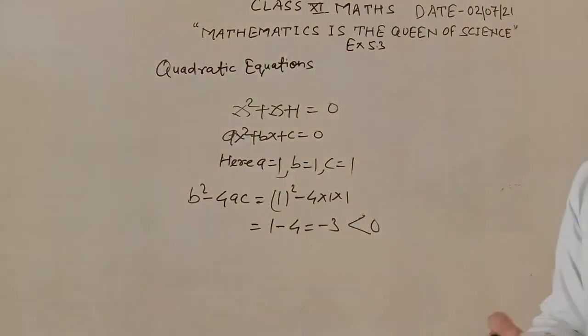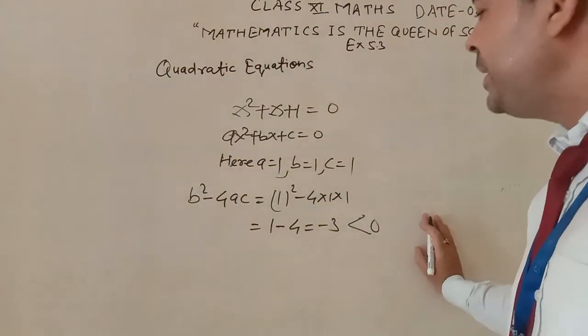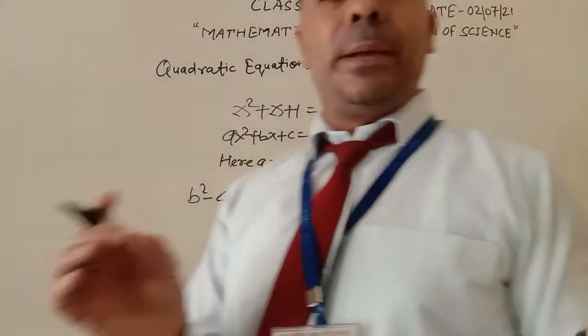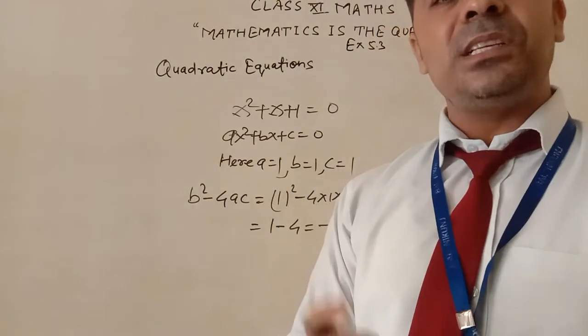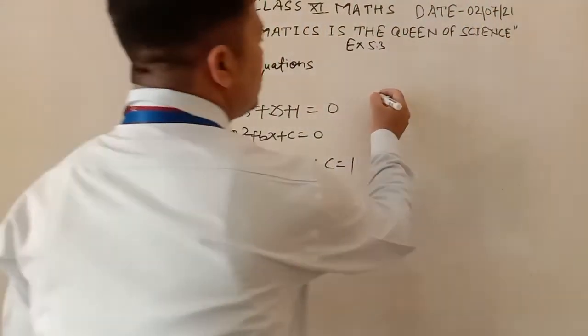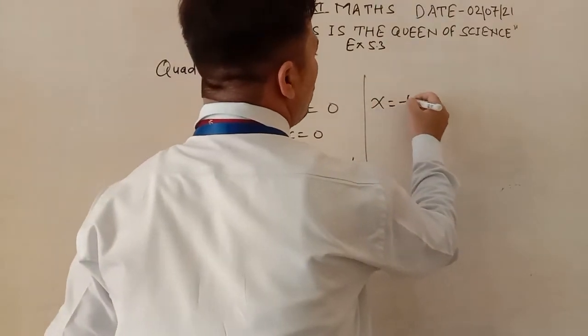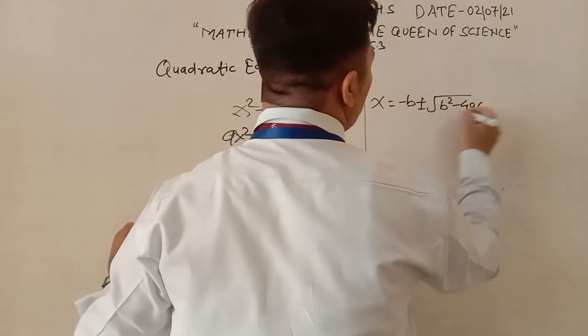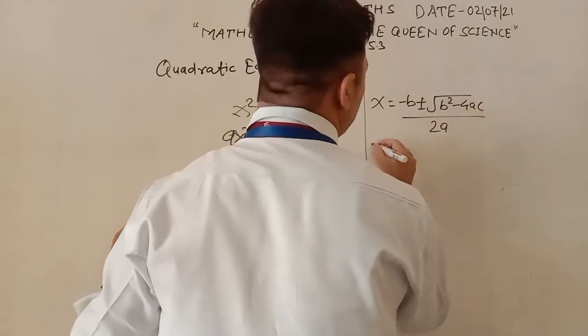Now the question arises how to solve this type of problem. You have to use the formula. If you don't have any idea, use the formula. You will get, using the formula, x is equal to minus b plus minus under root b square minus 4ac upon 2a.